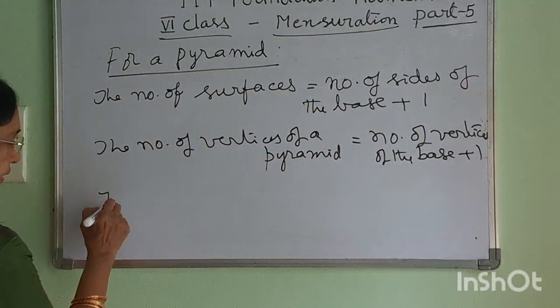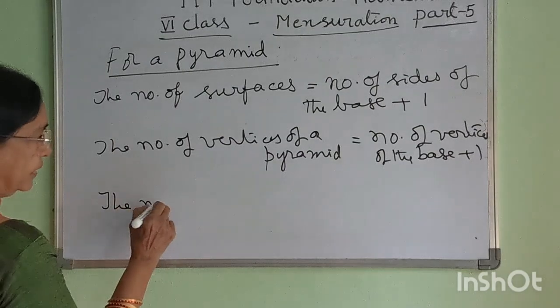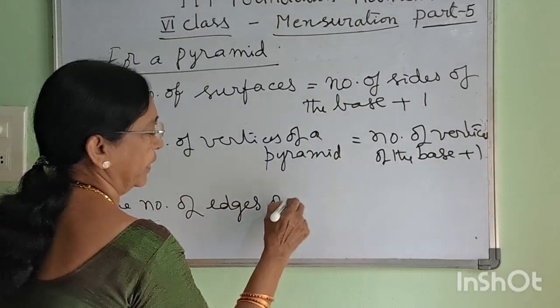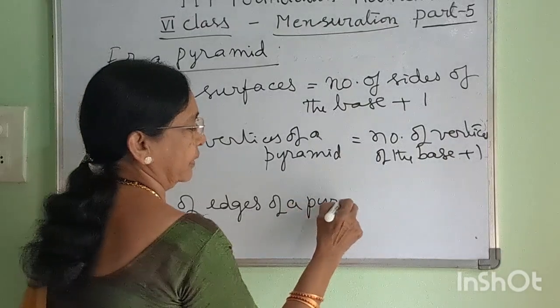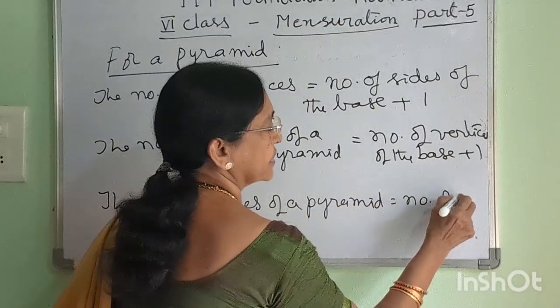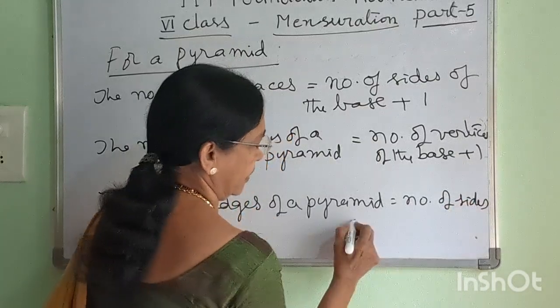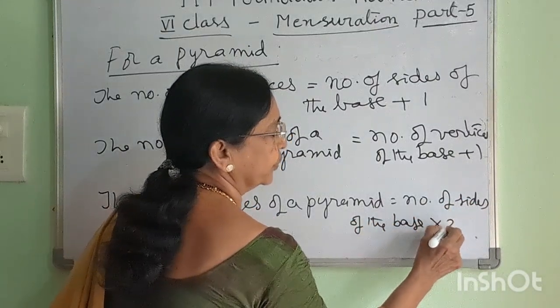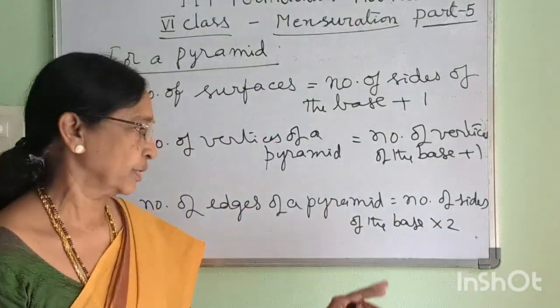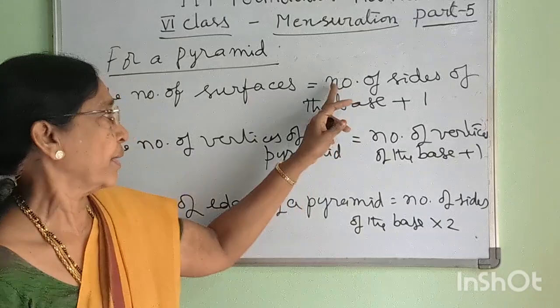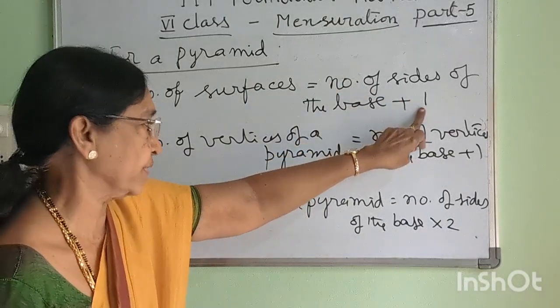Next, the number of edges. The number of edges of a pyramid is equal to the number of sides of the base into 2. So the number of surfaces is equal to the number of sides of the base plus 1.